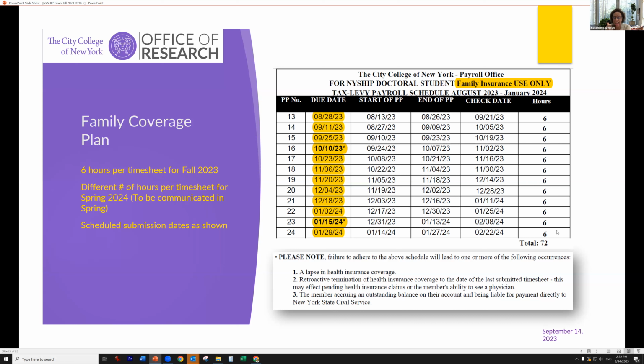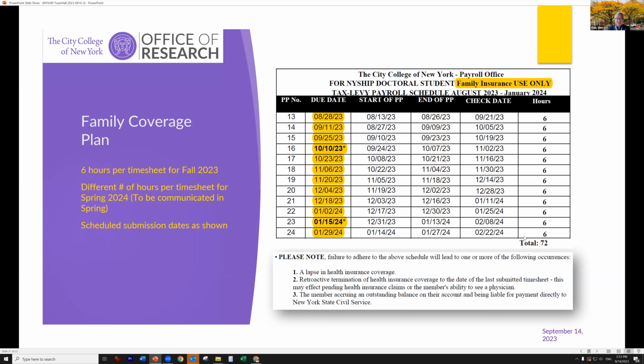So we highly recommend that students and faculty follow this table explicitly. And again, this is not optional.